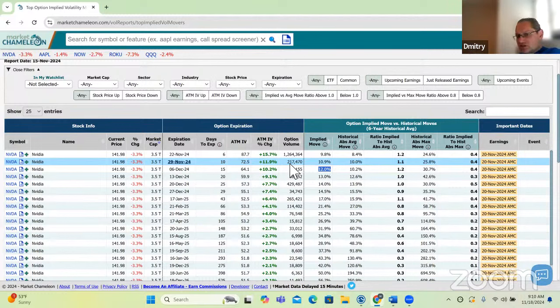What if we just looked at the straddle, held on to it, and how does that compare to the historical stock moves?